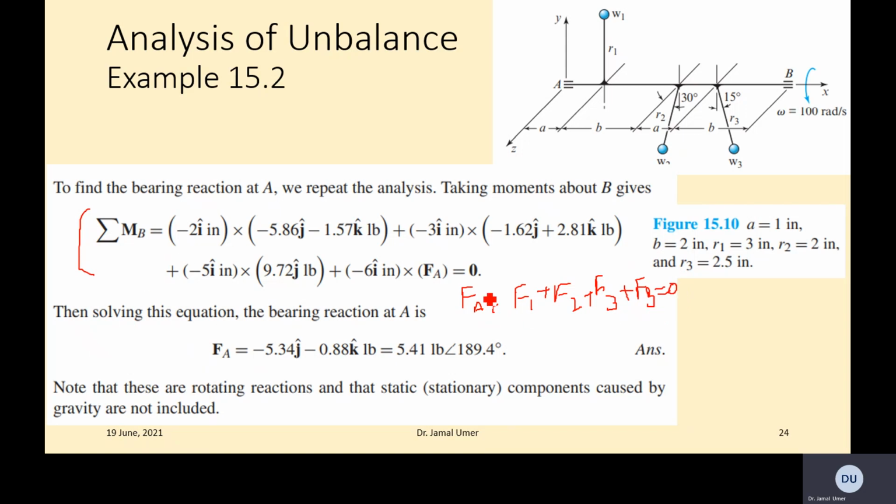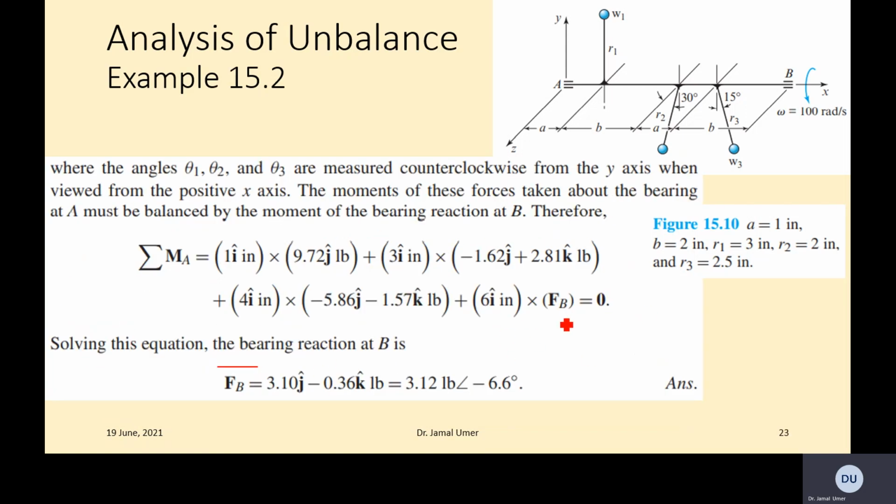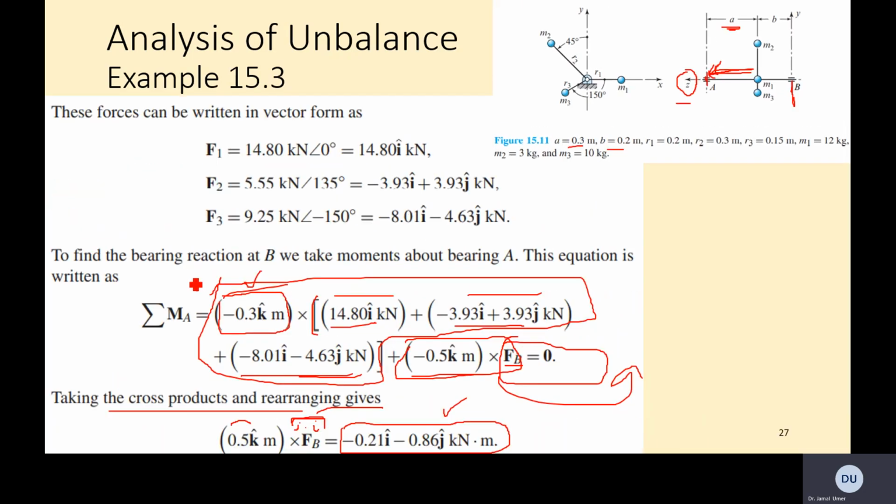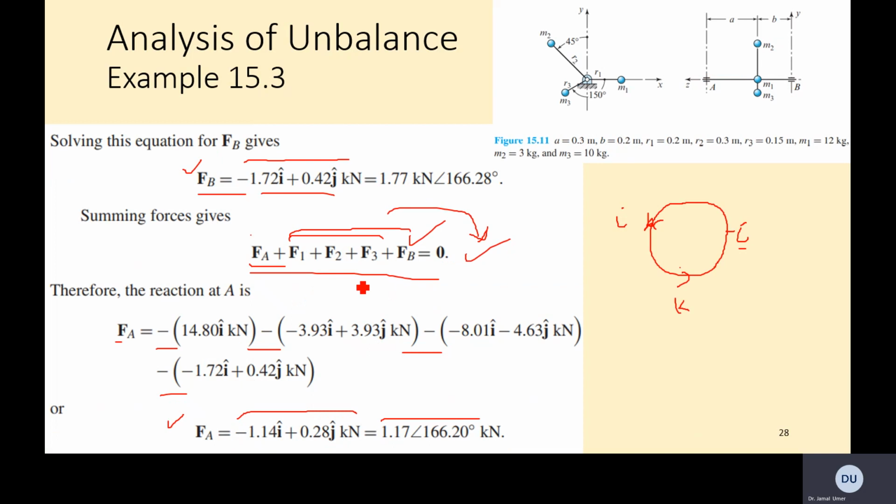So once FB is known, from this equation you can find out FA. Just try this one. If you get the same answer, that would be interesting to see. So we don't need to take moment at a second plane for B. All right, so he just used this equation to find out the forces at A and B, and that's it.